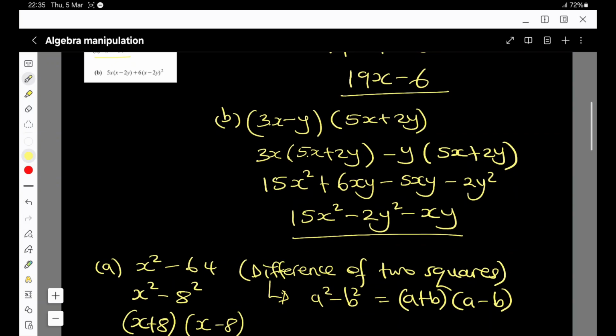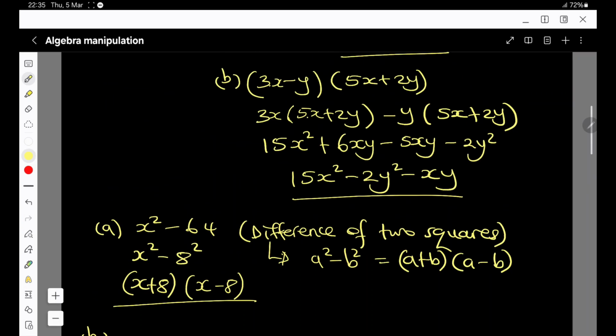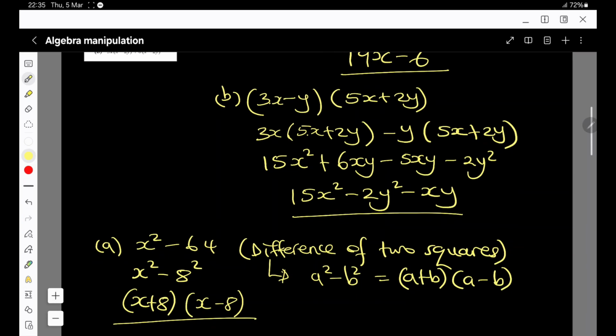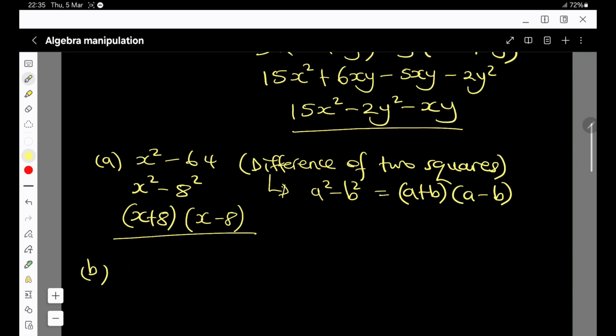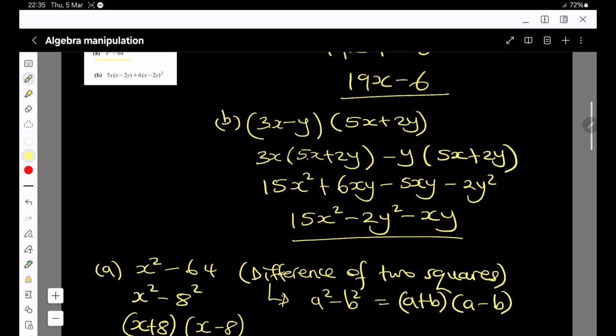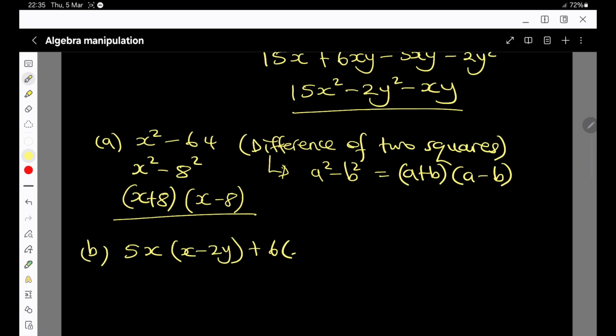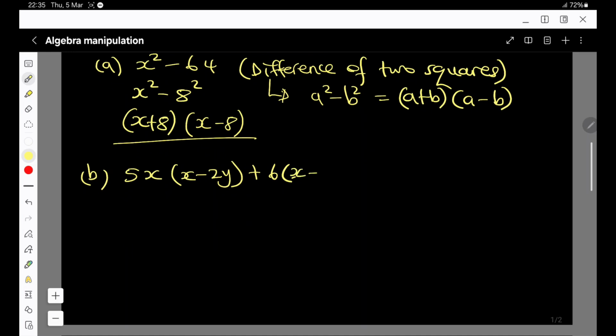Okay, we can do one more, and then we can do the rest in the next video. So the part B of the second number is 5x into x minus 2y plus 6 into x minus 2y squared.